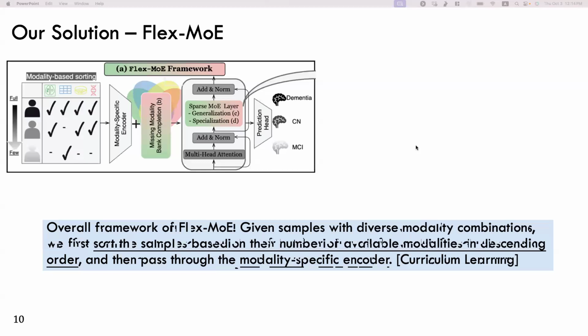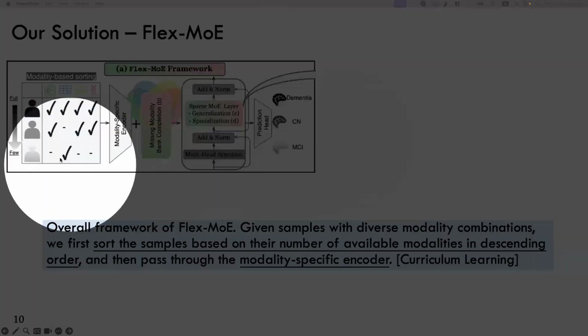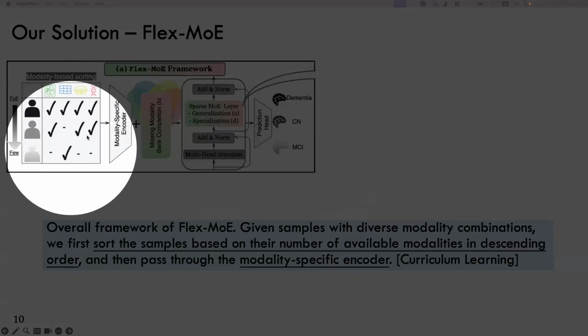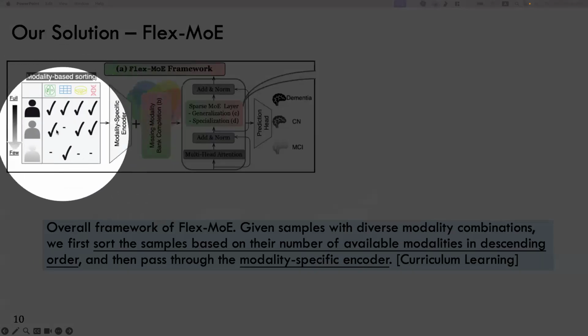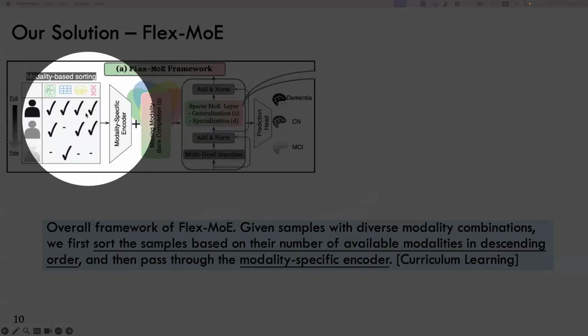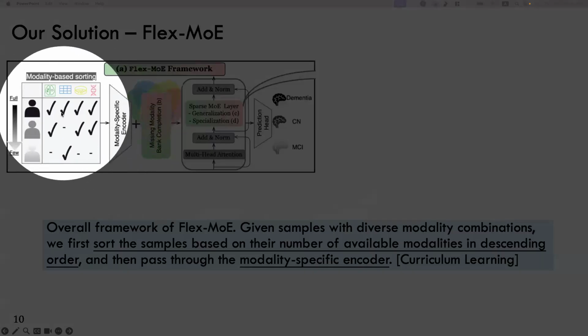In this framework, the first thing we propose is to sort the data from easy to hard, as in machine learning curricula. Basically, we are sorting the patients by their modalities. If a patient has 4 modalities, we have sufficient information for the model to learn, so we will learn it first.